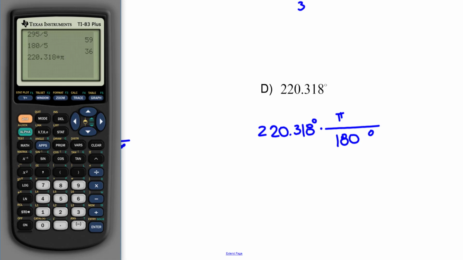So I would recommend using that for your calculations. And then we divide that result by 180, and the result here is approximately 3.85, and that's a number of radians.